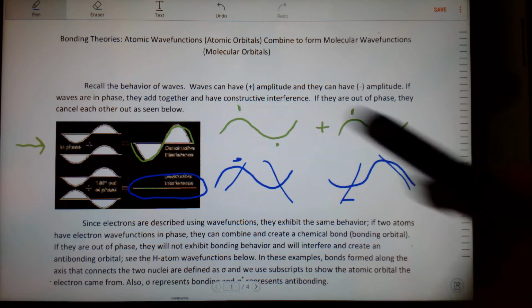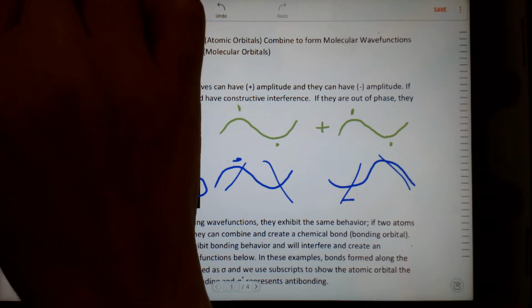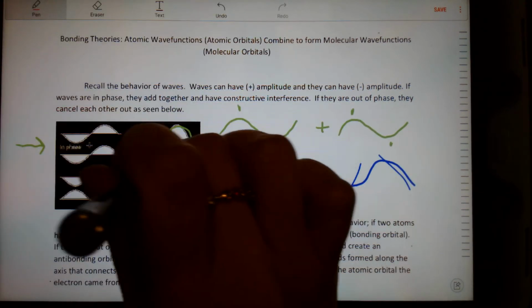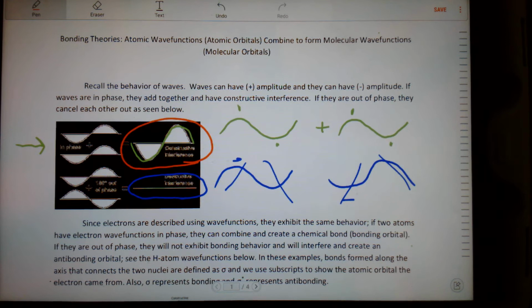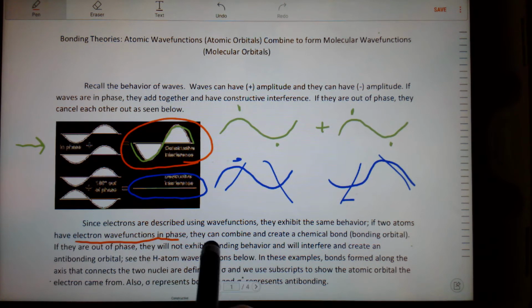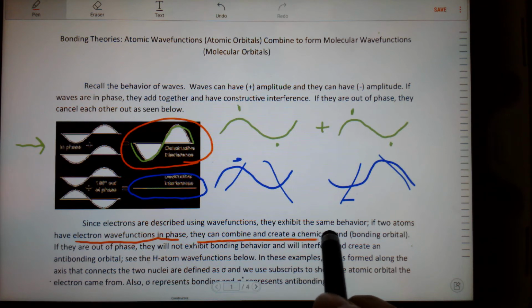So why is this important? For chemical bonding to occur, we need this situation right here. To make a bond, we need constructive interference of our waves, so our wave functions need to be in phase. If two atoms have electron wave functions in phase, they can combine and create a chemical bond.